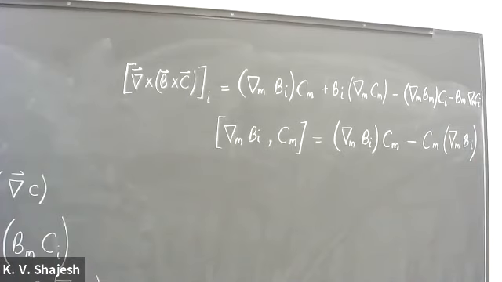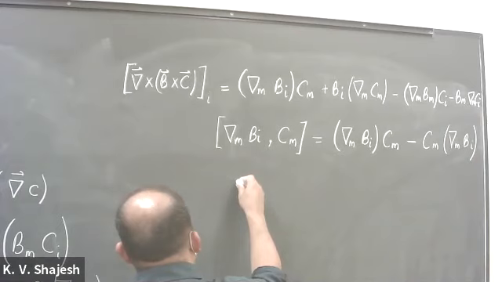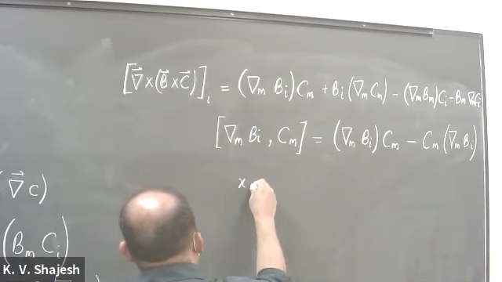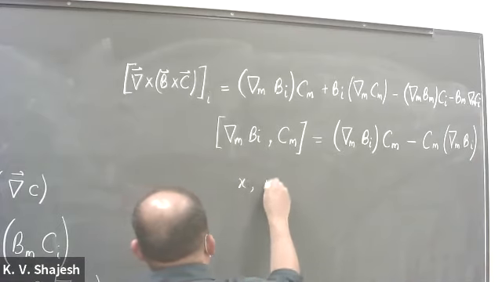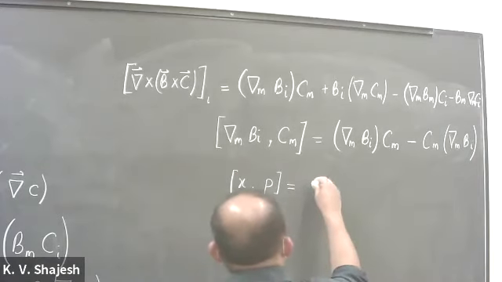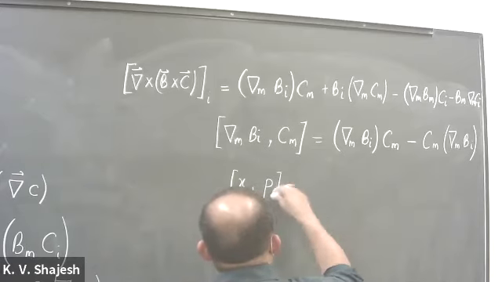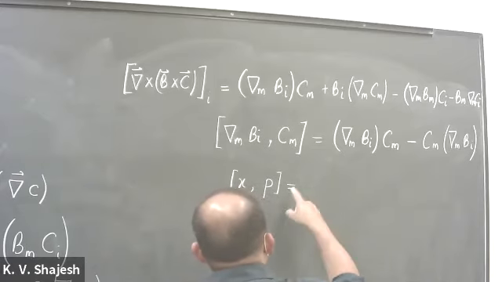For example, if you recall Heisenberg uncertainty relation, what is that? Position and momentum, letters X and P. X comma P, that's X P minus P X. What is that equal to?